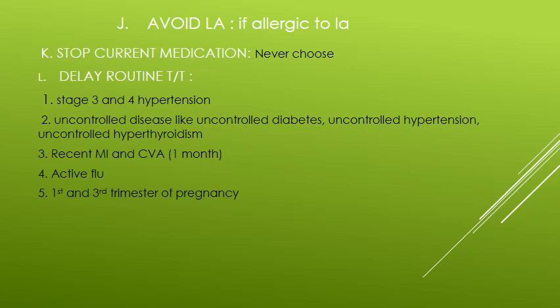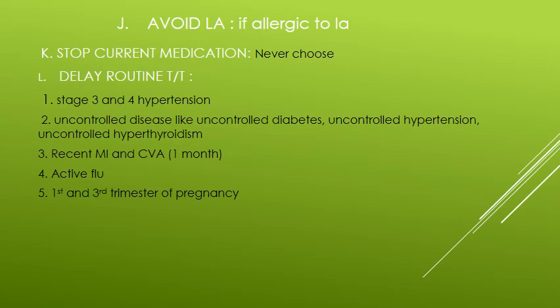Now, as far as LA is concerned, we will discuss it in an altogether different lecture, but just to brief, we know that LA is of two kinds, esters and amides. When there is an allergy to one ester, you cannot use another ester. Esters are like procaine, benzocaine, tetracaine.